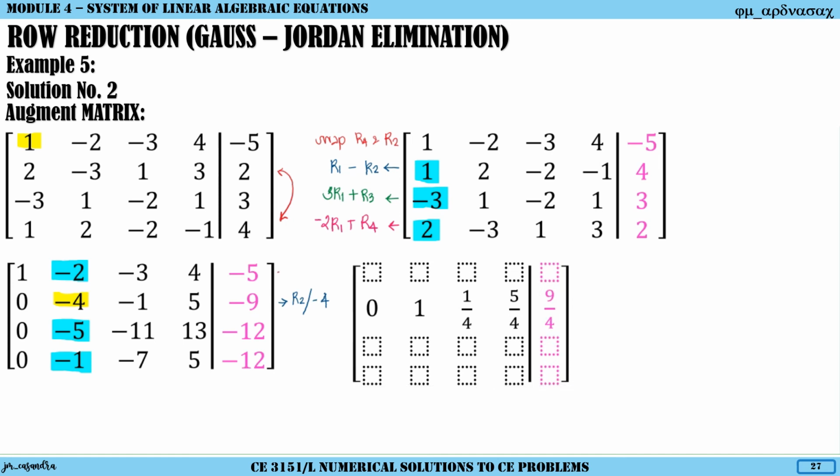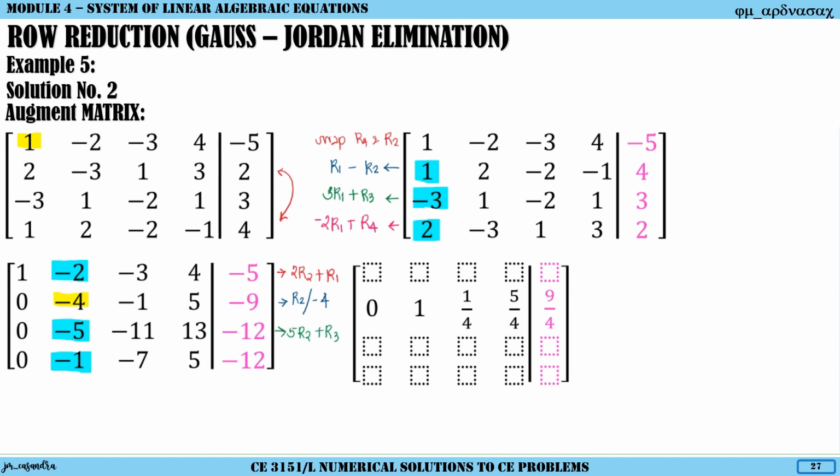So next, for the first row, this can be computed now by 2 R2 plus R1. So take note, we are going to use these values. Okay? For the third row, we'll be using the equation 5 R2 plus R3.